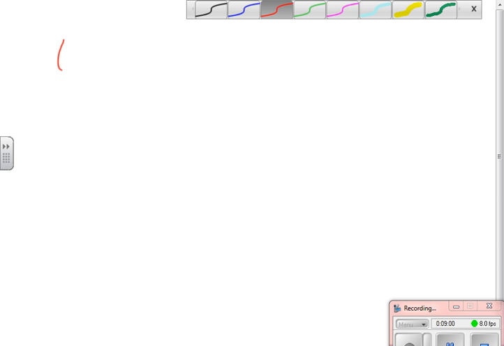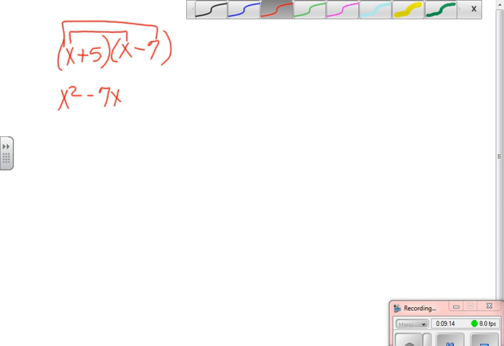So let's take something like x plus 5 times x minus 7. If I FOIL this, first two terms, x squared, outside terms, negative 7x, inside terms, plus 5x, last terms, minus 35. Outside and inside always combine.